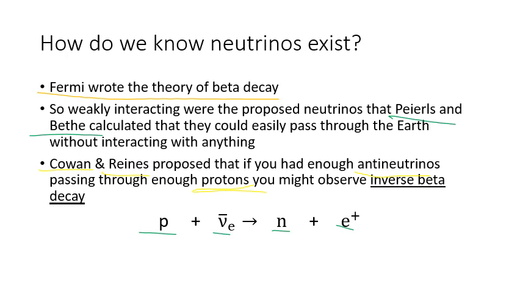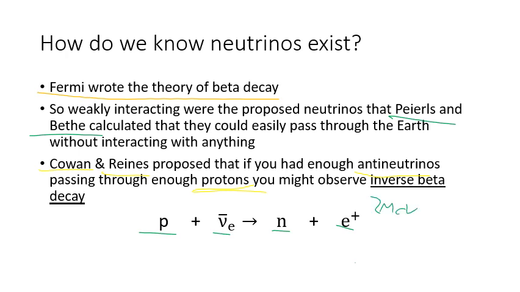Now, I hope you've been paying enough attention to realise that that's energetically difficult, because our proton is 1.5 MeV lighter than our neutron. Our positron is half an MeV lighter than our antineutrino. So we've got to find at least 2 MeV for this to work.